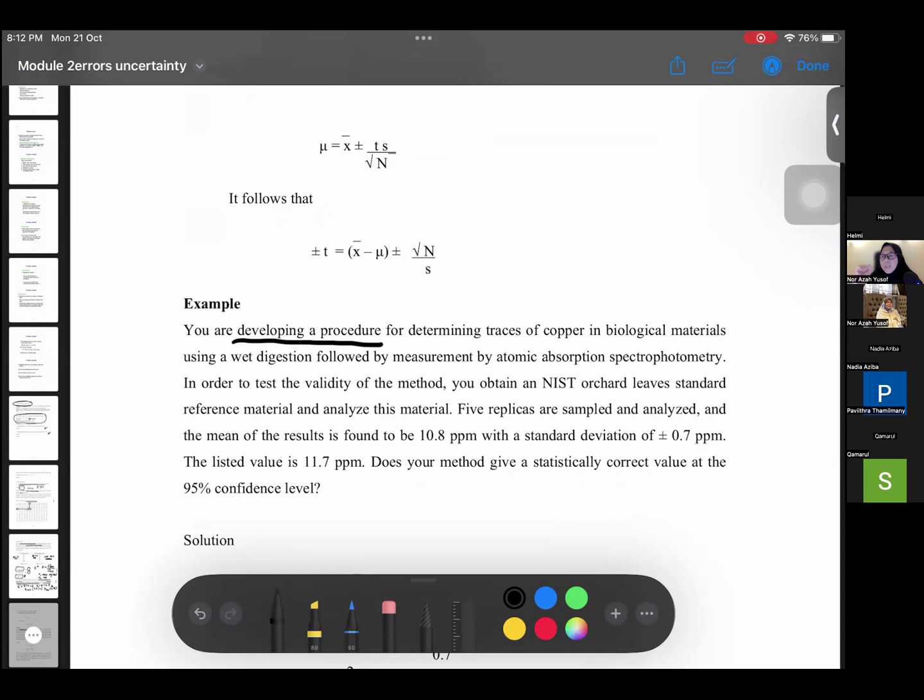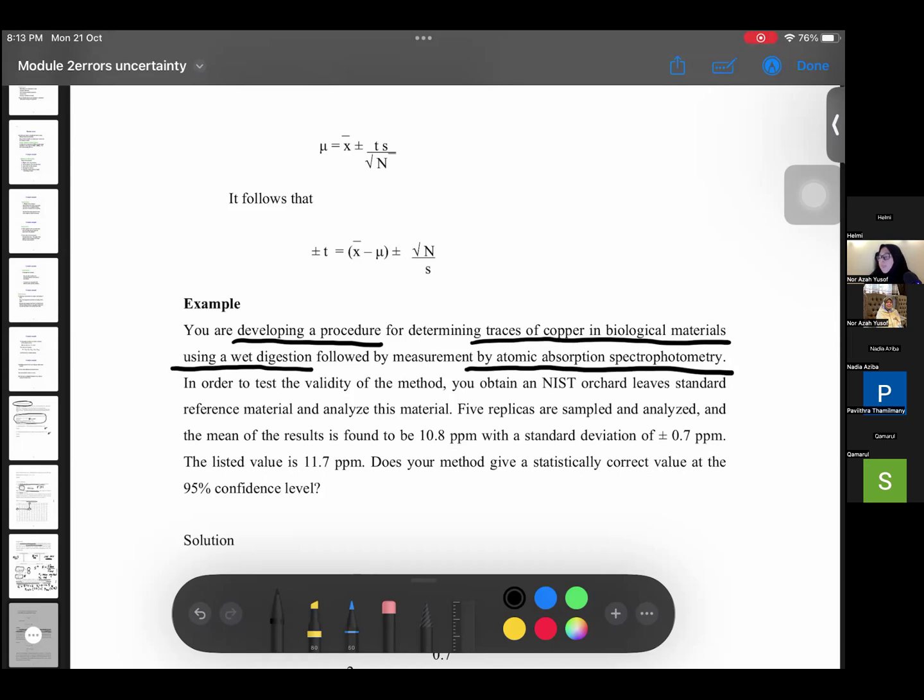So you want to check whether it is 70%, because when you receive that you have to check the claim as quality control. So you are developing a procedure to determine traces of copper in biological materials, with sample preparation using wet digestion, and you are using a technique called AAS, atomic absorption spectrophotometry.